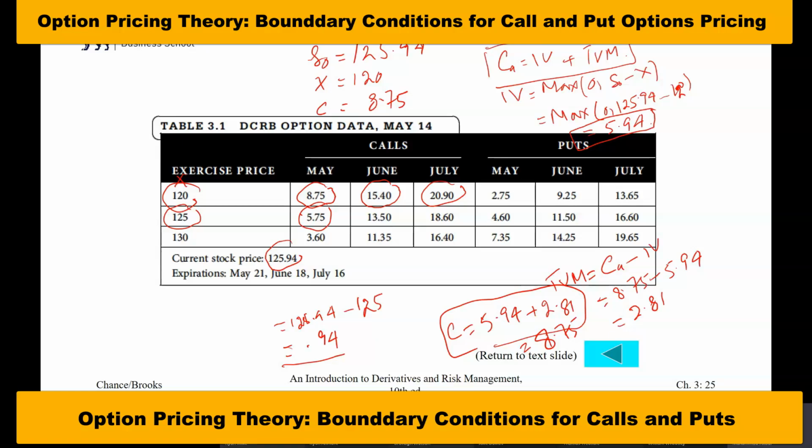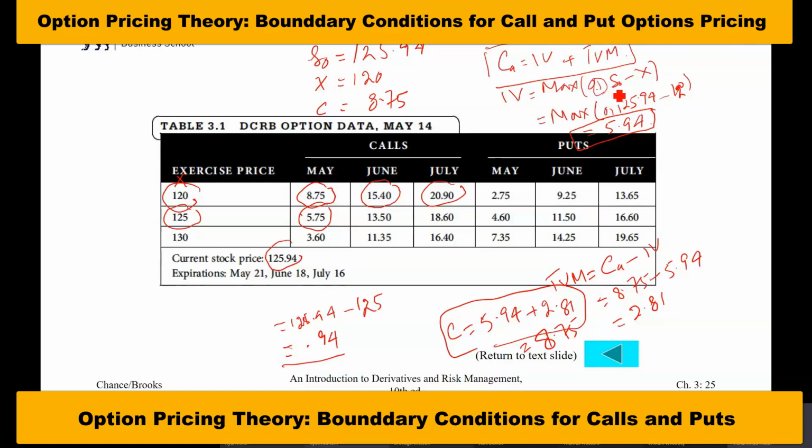This is the exercise price. So that was just a typo. What's the symbol before the stock price? This is 0. The maximum of 0. The comma is read as 'or'. So it is 0, comma, S0 minus X. However, I will read it as the maximum of 0 or S0 minus X.